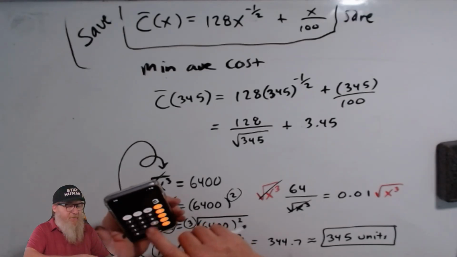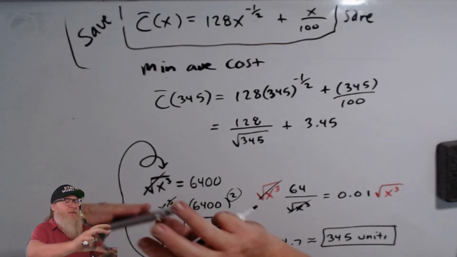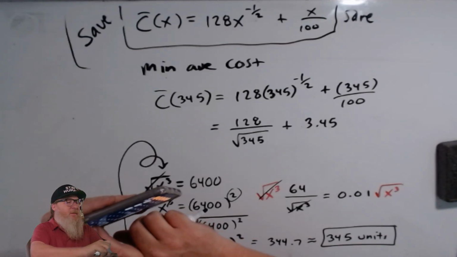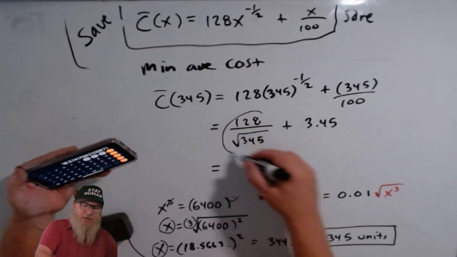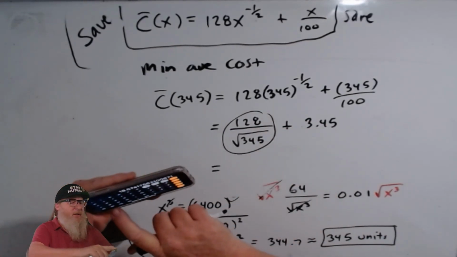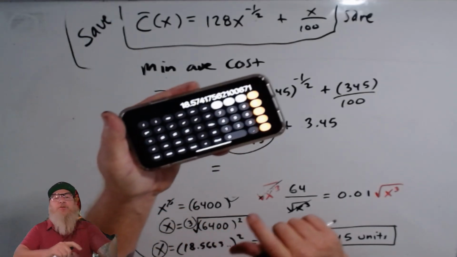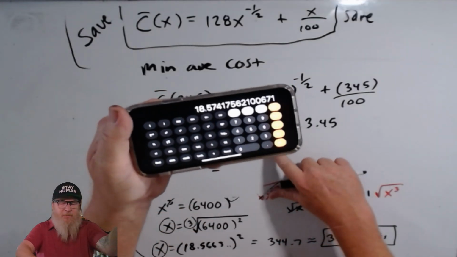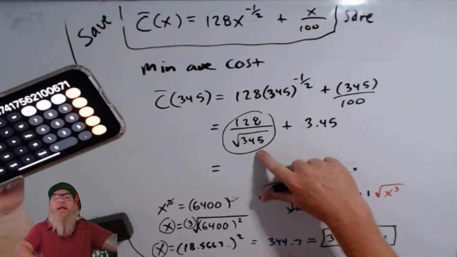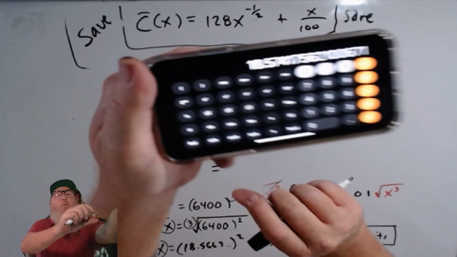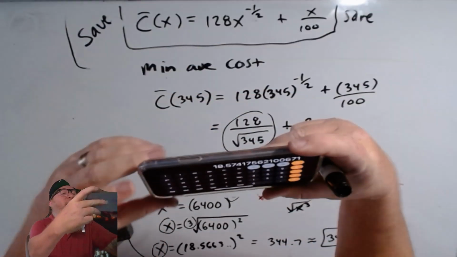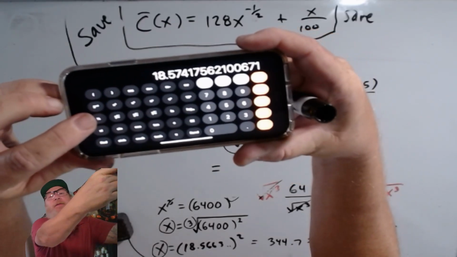So square root of 345. I'm going to do this all at once. So square root, and then here's a little trick. I don't know if I've shown you this before. If you've already done the denominator of something and you don't want to write it down, you can just hit the 1 over x button. It's right over here on the side.